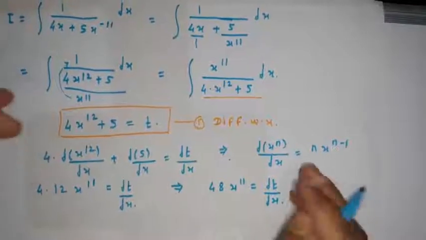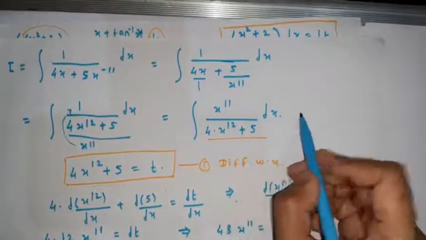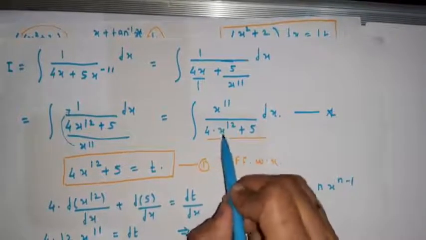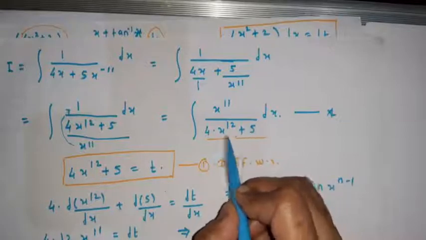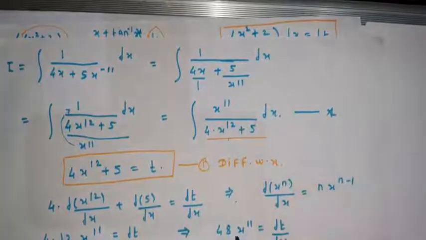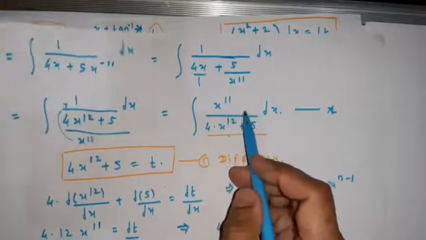But students, if we see the problem, suppose this is the problem, x raised to 11 upon 4 x raised to 12 plus 5, and we have given substitution here. But what is the value of x raised to 11 into dx?